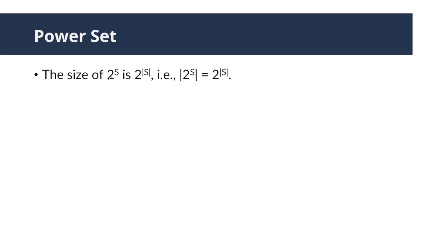In general, for any given set S, the size of the power set of S is 2 to the power of the size of S. For example, in the previous example, the size of S is 3. Therefore, the size of the power set of S is 2 to the third power, which is 8. Now you can answer my previous question. If S has 4 elements, then the size of the power set of S is 2 to the 4th power, which is 16.